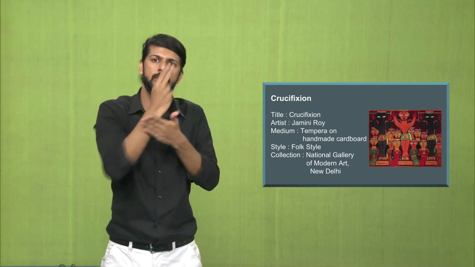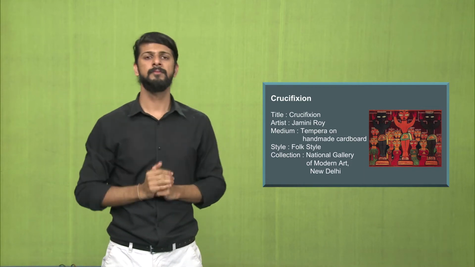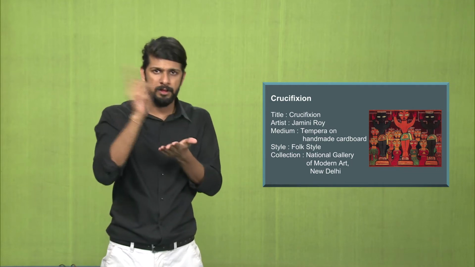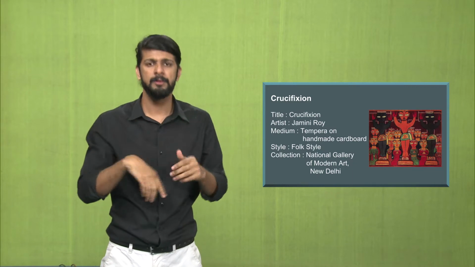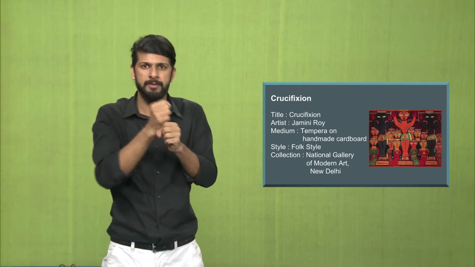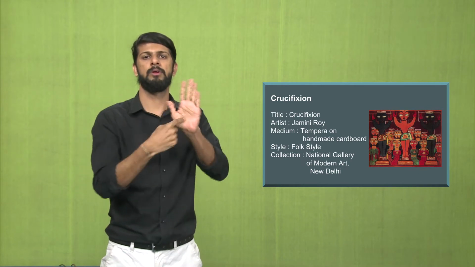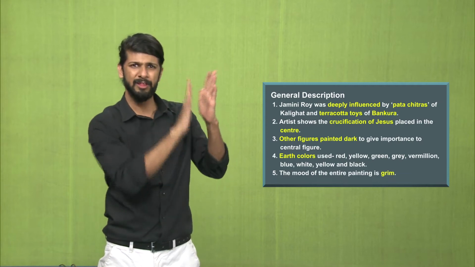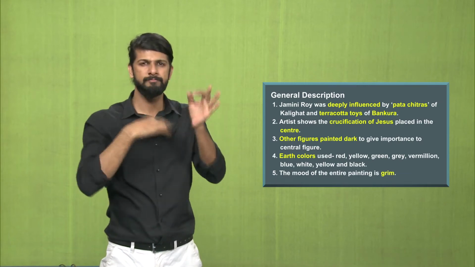As you know, Jamini Roy was very influenced by the folk style of Bengal, and this painting is now displayed at the National Gallery of Modern Art, New Delhi, in short NGMA. Description of this painting.